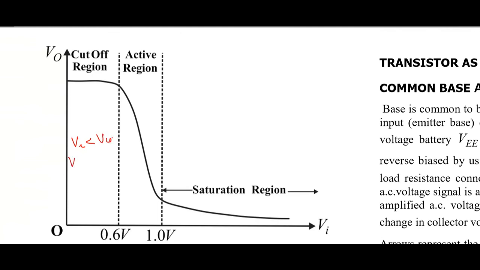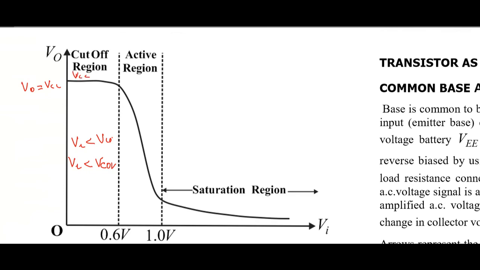I will be writing again, VI less than V cutoff, CO for cut, O for off and V for voltage. Input voltage is less than cutoff voltage. In this case, VO is just equal to VCC. It means this is the value of VCC.